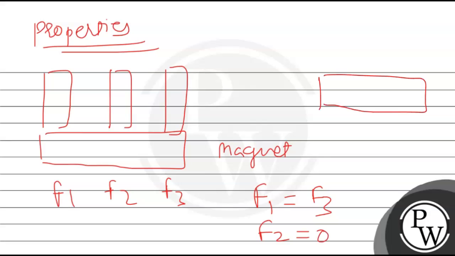Because in the magnet, one side is the north pole and the other is the south pole, and the poles experience the maximum force of attraction because the magnetic field is maximum at the poles. Therefore, the iron bar experiences maximum force of attraction at the poles and it will be equal in both situations, whereas if the iron bar is kept at the middle, it will experience no force of attraction and the force will be equal to 0.